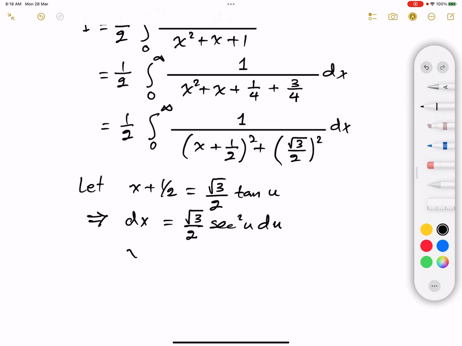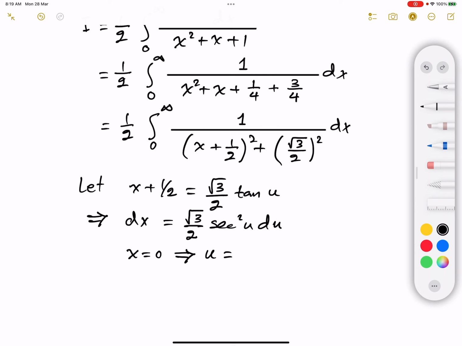So if x is equal to 0, then if we substitute x equals 0, the half would be cancelled with the half on the other side. So tangent of u is going to become 1 over the square root of 3, and that would give us, let's do it on the calculator. I guess it's 60 or 30, I'm not sure. Let's see.